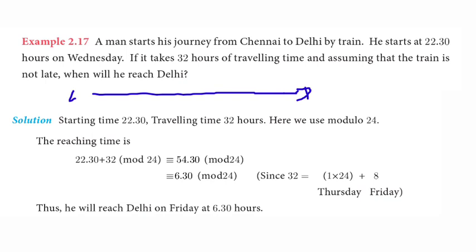So 32 divided by 24 gives remainder 8. Therefore 32 ≡ 8 mod 24. 32 divided by 24 is 1 times 24 with remainder 8. Therefore the travel time is 1 day plus 8 hours.